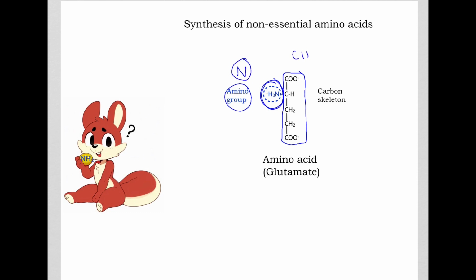Besides carbon, hydrogen, and oxygen, we now have to deal with nitrogen. A good way to understand the metabolism of amino acids is to divide them into two parts: the carbon skeletons, shown here, and the amino group.